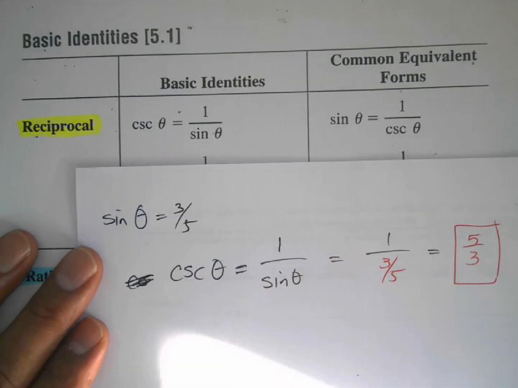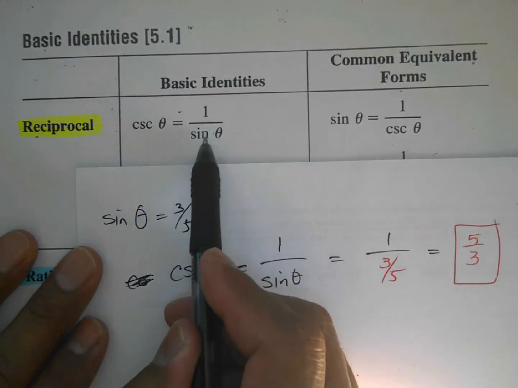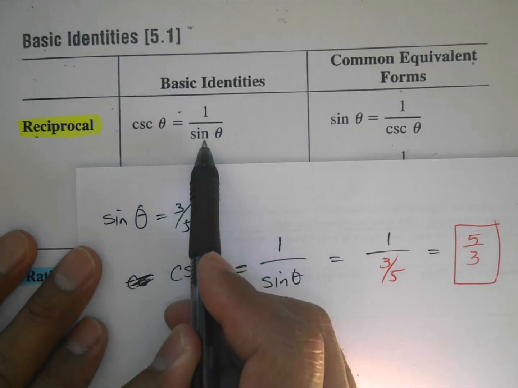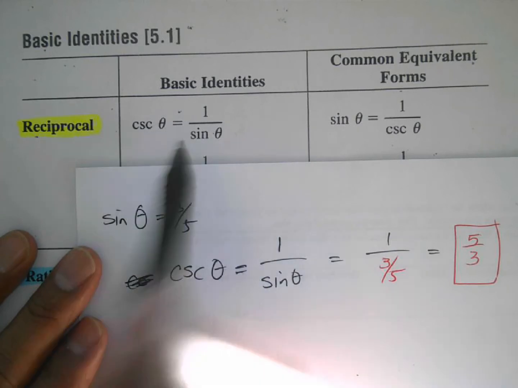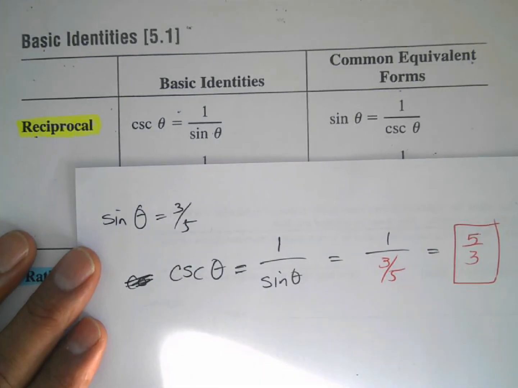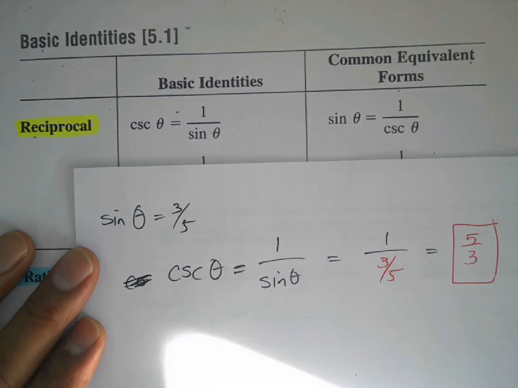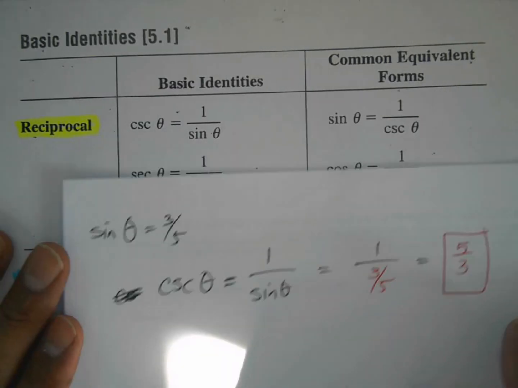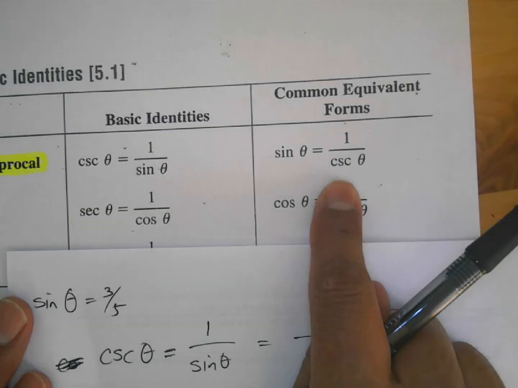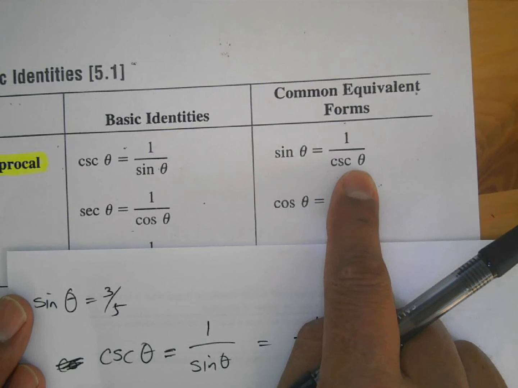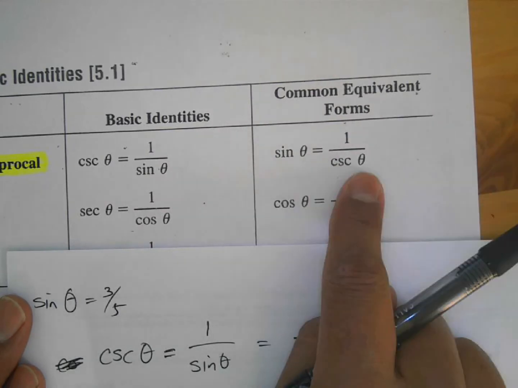This is just like the little identities. You put 1 over sine, and that's why you know sine and cosecant go hand in hand. And the same thing for cosecant. If I know what cosecant is, how do I get sine?